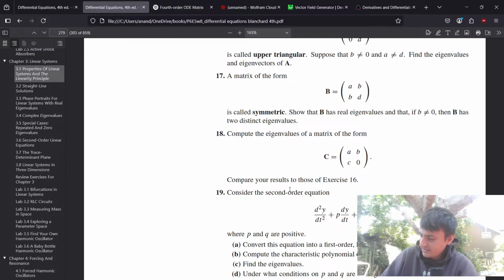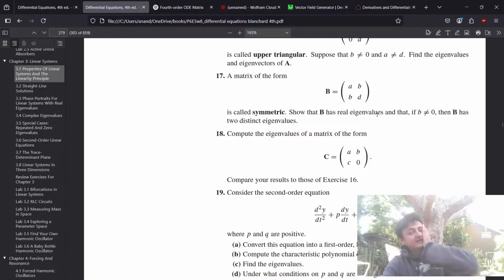So we're going to get AD minus A plus D lambda plus lambda squared. So then we're going to get AD minus B squared. Okay. Lambda squared minus A plus D in parentheses, lambda, plus AD minus B squared is equal to 0. So show that it has real eigenvalues.